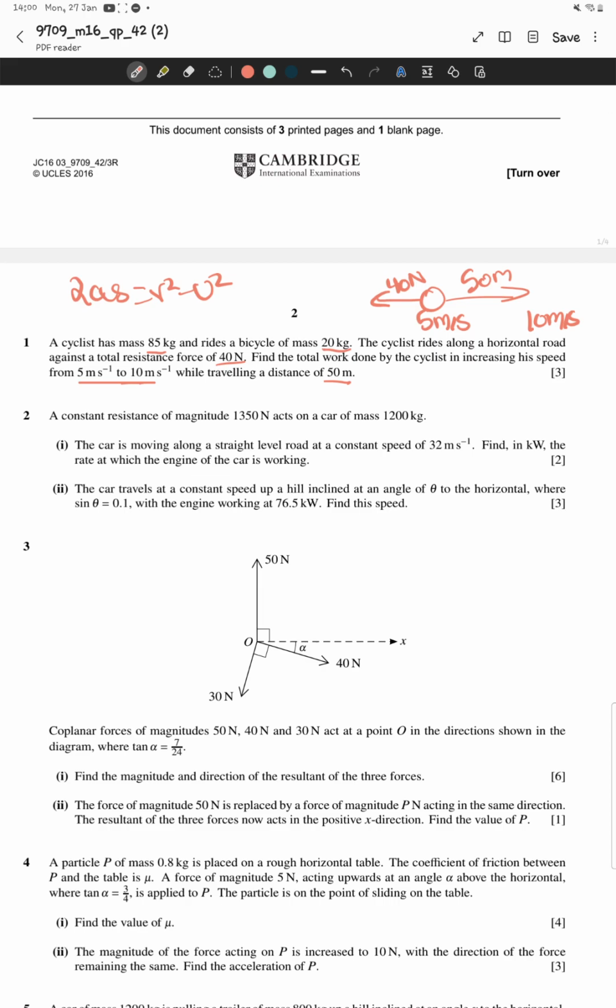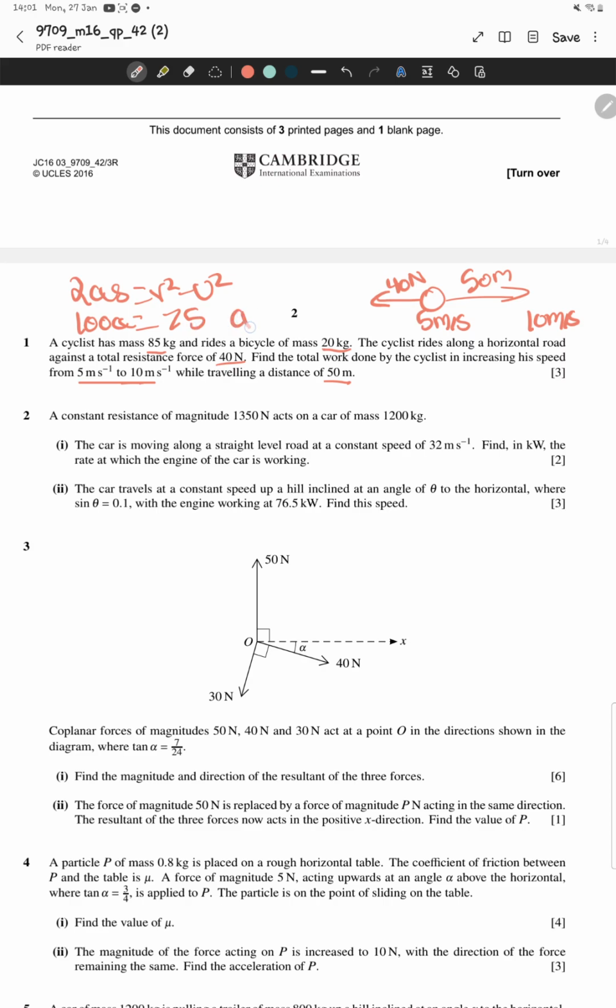So s is 50, so 2 times 50 is 100. a equals v squared, which is 100, minus 25, which is 75.